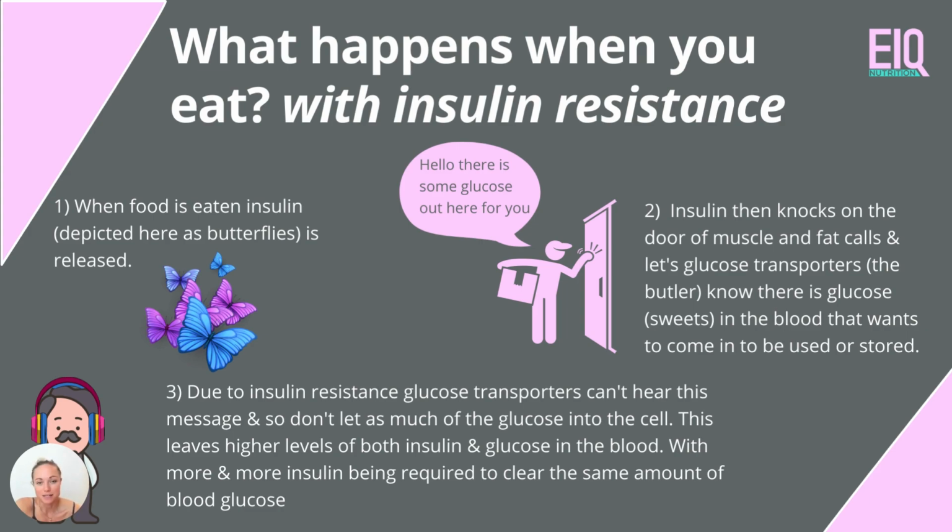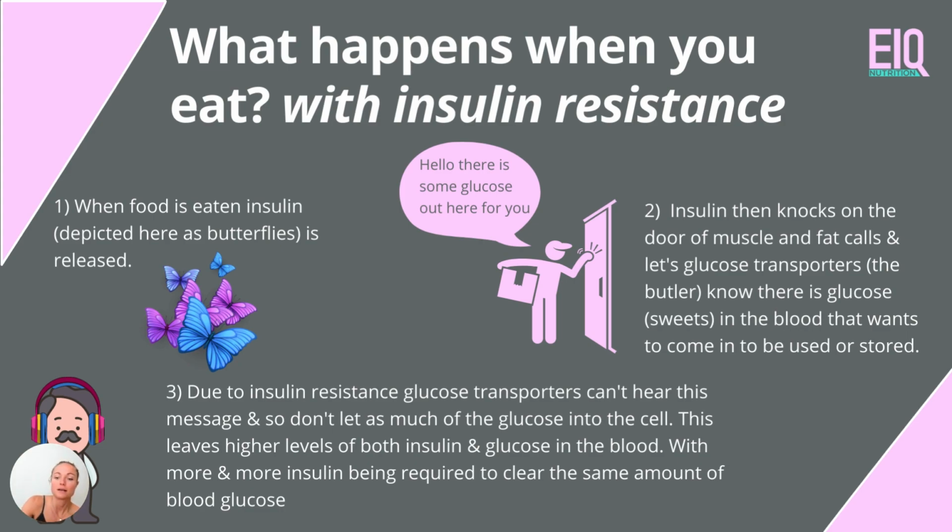That is one of the hallmarks of type 2 diabetes. And when you get to a place where you can no longer clear blood glucose and levels stay chronically elevated, that would be known as either pre-diabetes or diabetes, depending on the degree of chronic elevation.